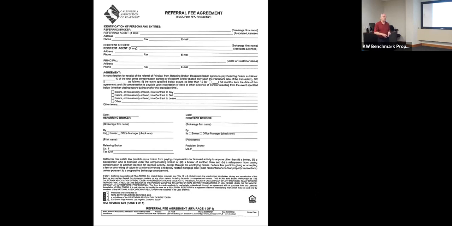Now, I've represented buyers in Boulder Creek, but just 3 weeks ago, I got a referral in Boulder Creek to list a house from my past client for whom I've already listed 3 properties. I asked myself, I'm swamped right now. Do I want to try to service about a $400,000 cabin in Boulder Creek?